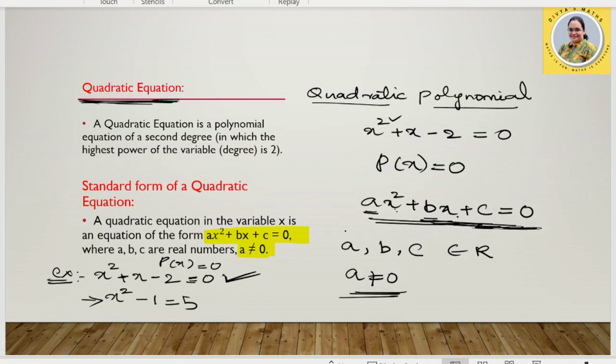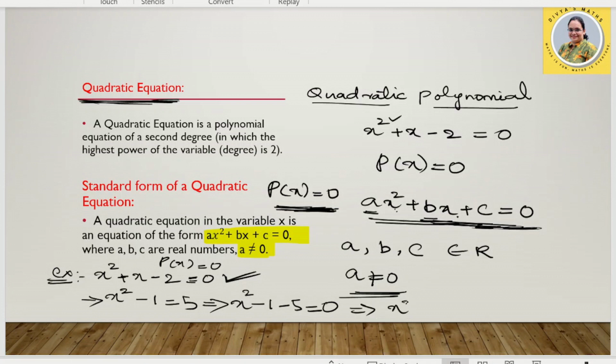We need to get it in the form of p of x is equals to 0. If you can rearrange any equation in the form of p of x is equals to 0, then it is a quadratic equation. We can bring this 5 to the LHS, so you will have x square minus 1 minus 5, and in the RHS you will have 0.